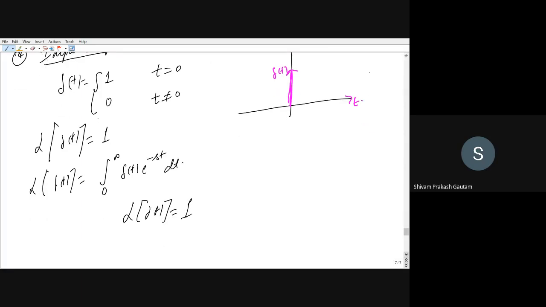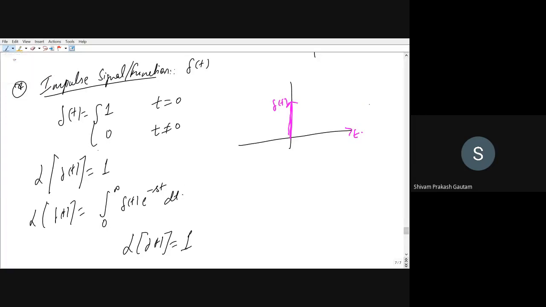It is not exactly equal to 1 at 0. But if you zoom in on this function, it looks something like this. This is a very small duration. You can consider this as d, and you can consider the height as a.